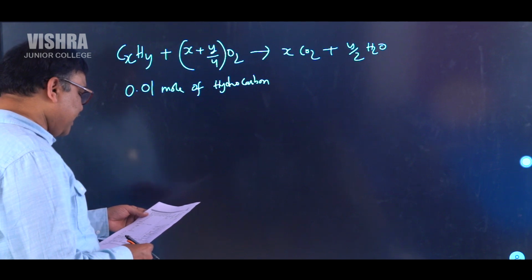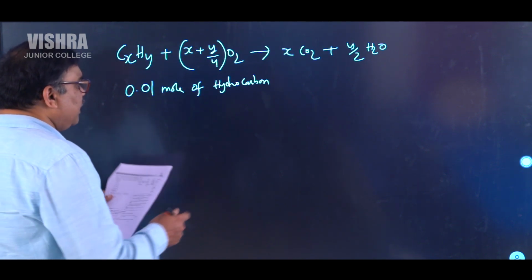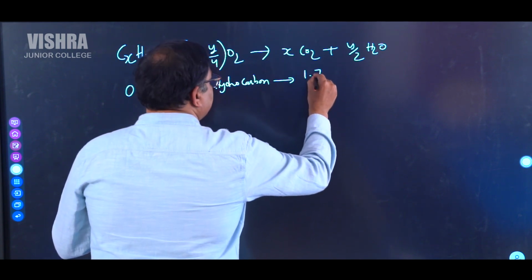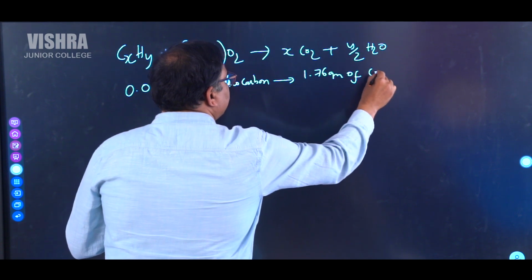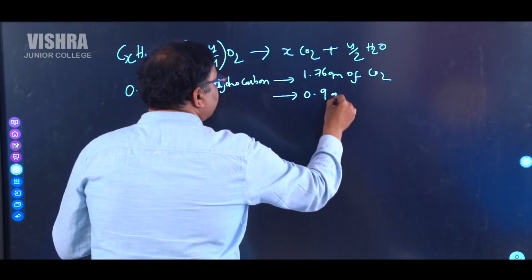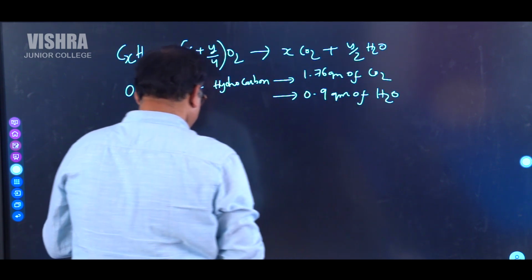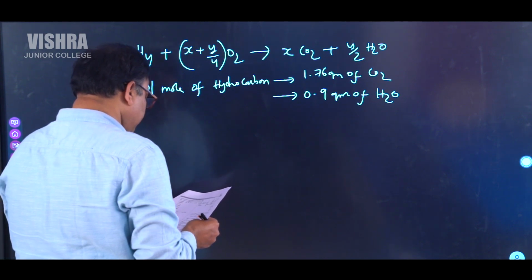And whatever data is given, I am writing here: 0.01 moles of organic compound hydrocarbon gives 1.76 grams of carbon dioxide, and also it gives 0.9 grams of water. Okay, they are giving on complete combustion. Find out the chemical formula of the compound.